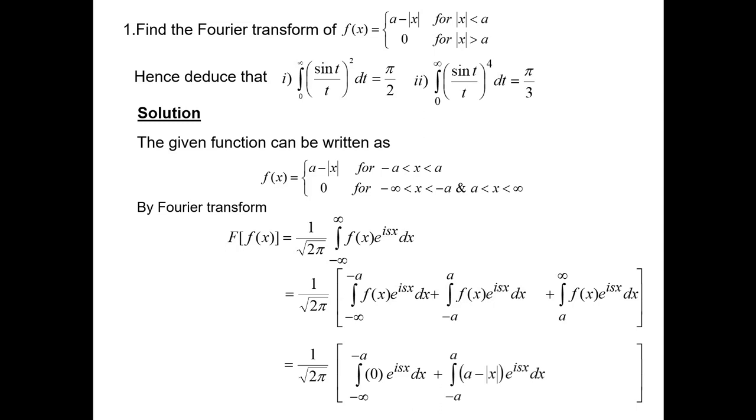Substitute here. And in the third integration, the integral over a to infinity, our f of x value is 0. So the first and last integrations become 0. We get only the middle term, the integral over minus a to a of a minus modulus of x e power isx dx.